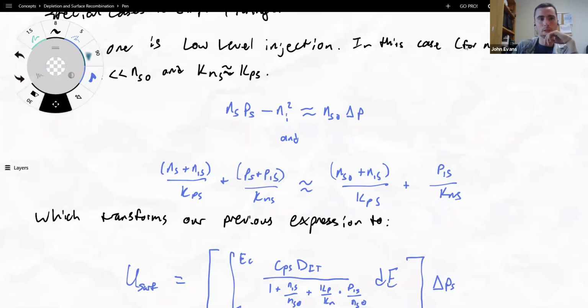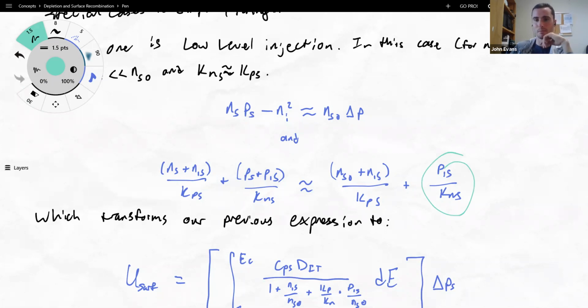Then we're going to take those expressions from the denominator of our big equation and simplify, and say, oh, actually, we can make this part of the expression a little bit easier. That is going to be equivalent to our equilibrium value.